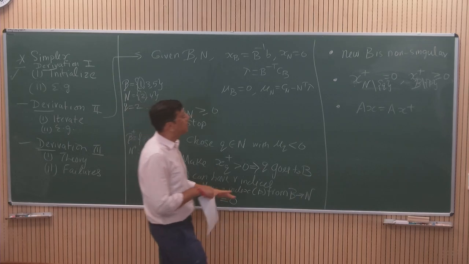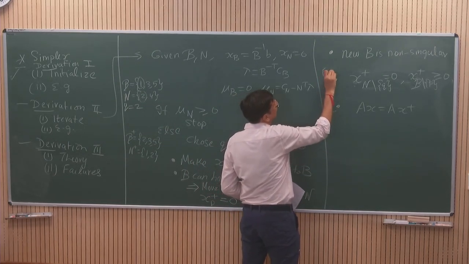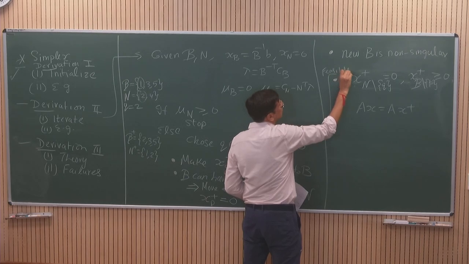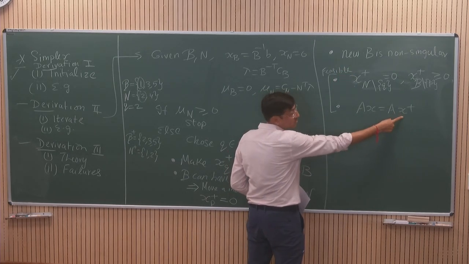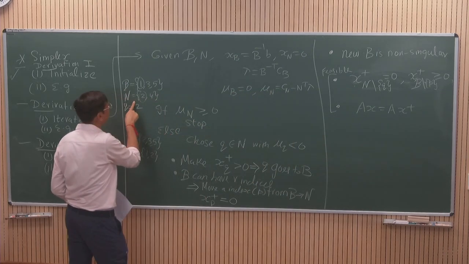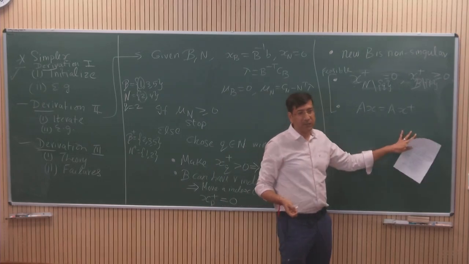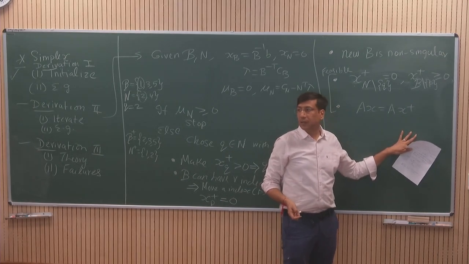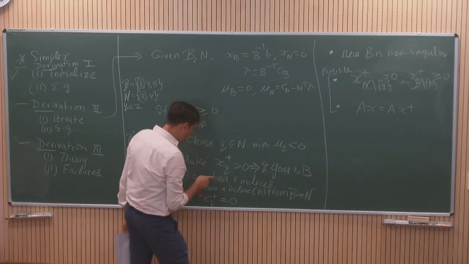First thing was the feasibility. This is the feasible part. I have written it in the opposite direction. We first write A x equal to b, or A x is equal to A x plus. x was the earlier iterate before I did the swapping, and after I did the swapping I'm calling it x plus. Is that okay? And then we are already working with xq plus.